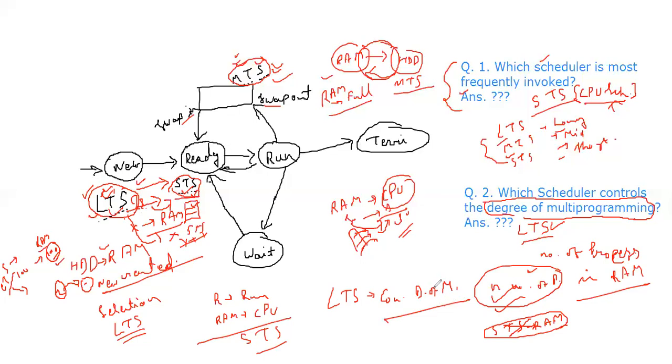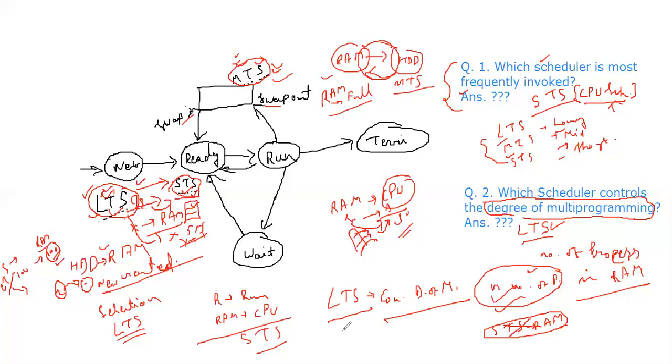Now, I hope it is clear why the long-term scheduler. Once again, I'm repeating why LTS: because LTS is responsible for sending a bunch of processes into the RAM. So if LTS has sent n number of processes, then only those n processes can be scheduled for execution.